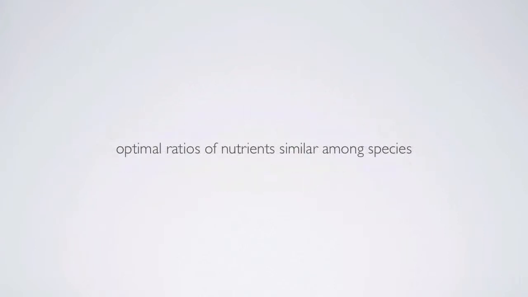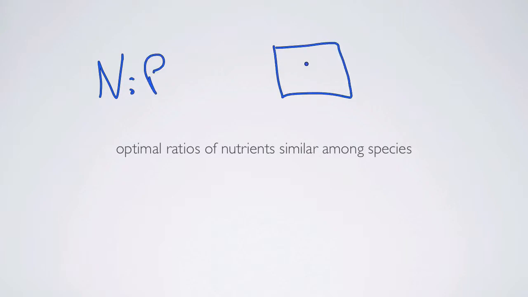Now, there are optimal ratios of nutrients for the growth of plants. Most commonly, we might think about an N to P ratio. And if we assume the same mean residence time for nitrogen and phosphorus within a plant, then N to P ratios, so the amount of nitrogen and the amount of phosphorus that's found within a plant, tells you the rates at which they need to be supplied, and also the rates at which they are lost.